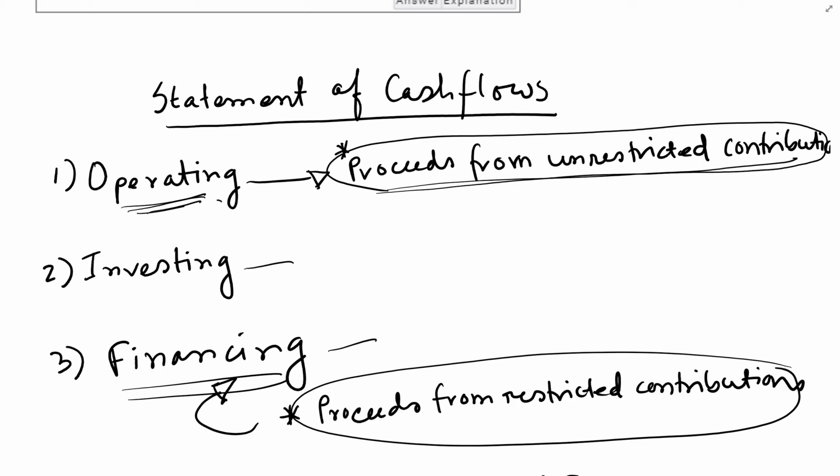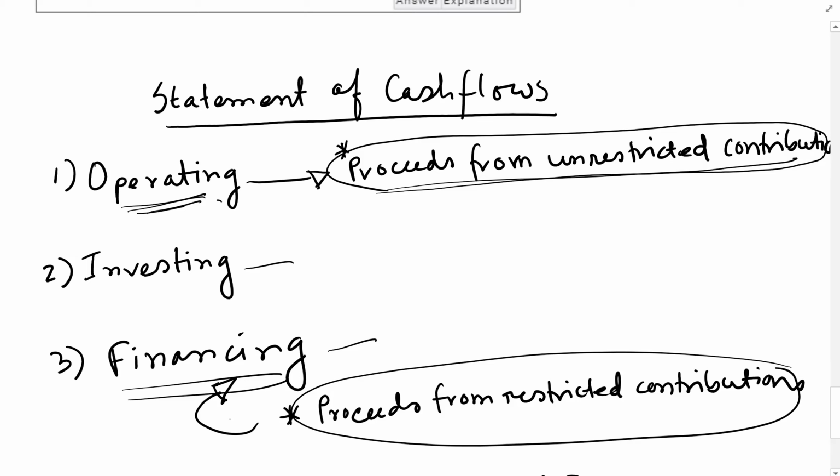Another is if you receive any contribution with donor restrictions, which previously we would classify as temporarily restricted or permanently restricted. So any proceeds from your donors that come with some restrictions will be considered under the financing activities part.